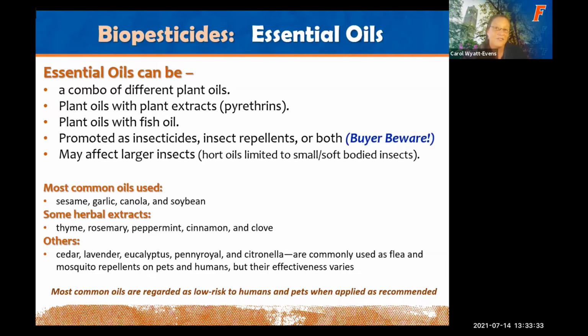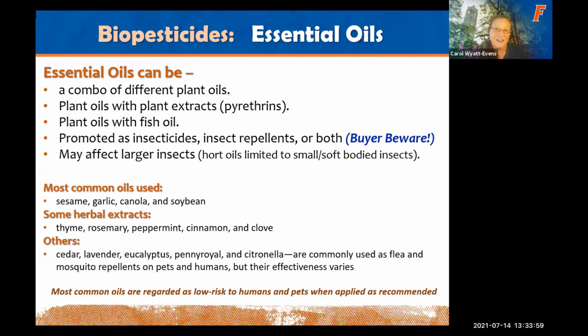Essential oils don't have to be EPA approved. They don't have to be registered. So there's no efficacy data with essential oils. They do have to be tested for safety to us, but they don't have to be tested for effectiveness. So they are exempt from EPA registration, and there is no guarantee that they're going to be truly effective.